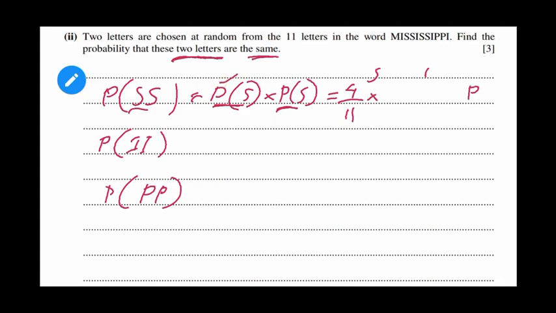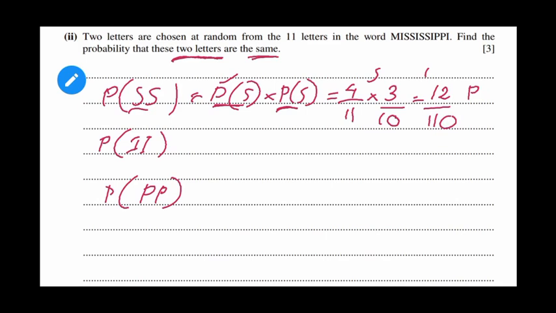So the number of S reduced to 3 over 10, since the total number of letters also reduced to 10. So we get this answer as 12 by 110.